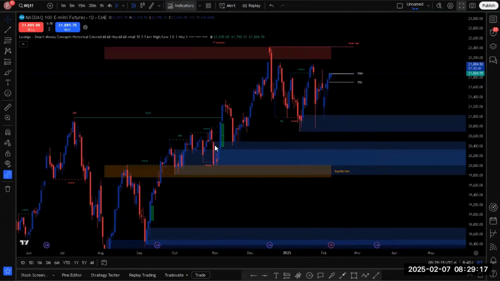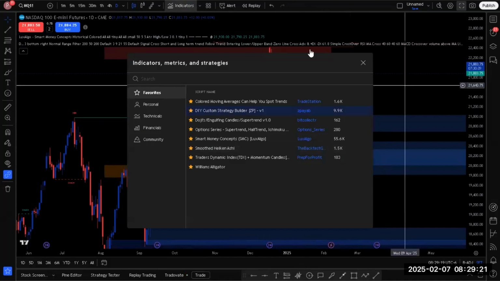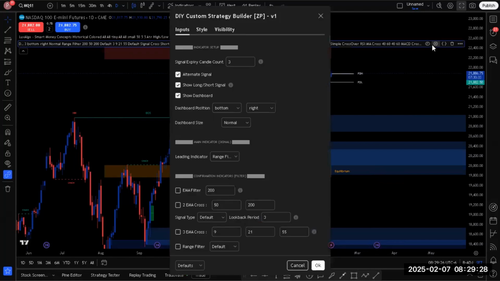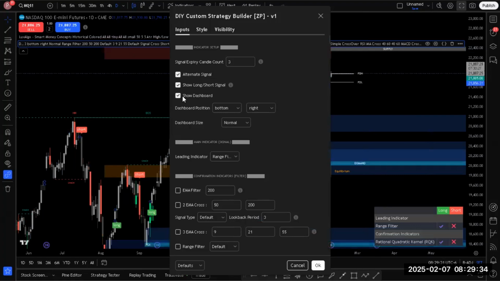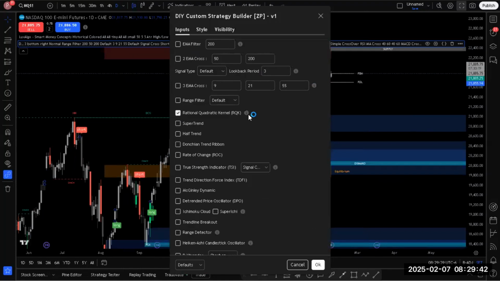The next one I'm going to enter is DIY. I'll add the DIY indicator, and then I'm going to go to settings and take off the dashboard. I don't want the dashboard on. Unselect.